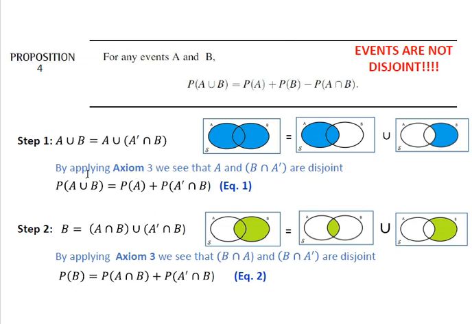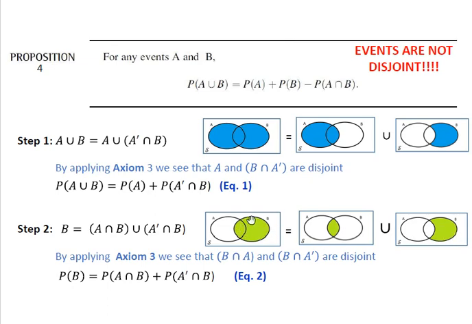So from the results from axiom 3 for a finite collection of disjoint events, we can write that the probability of the union of A and B is the probability of A plus the probability of B minus A, or the probability of A prime intersection B. Now we should obtain this part, the probability of A prime intersection B. For obtaining this part, again, we consider B as the union of two disjoint events.